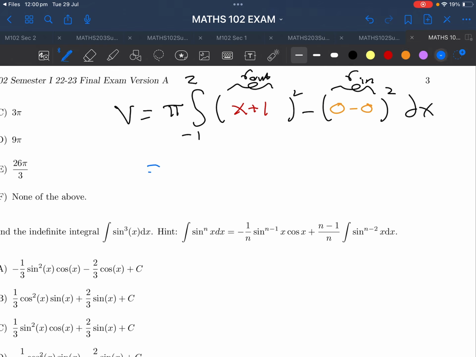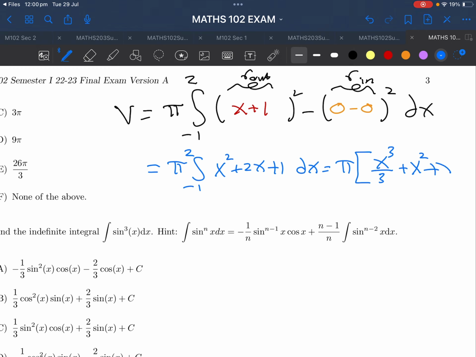So we just get this integral here, from -1 to 2, which if we expand it, it will be (x plus 1) squared dx, and if we do the integration, it will be x cubed over 3 plus x squared plus x, and we substitute from -1 to 2.